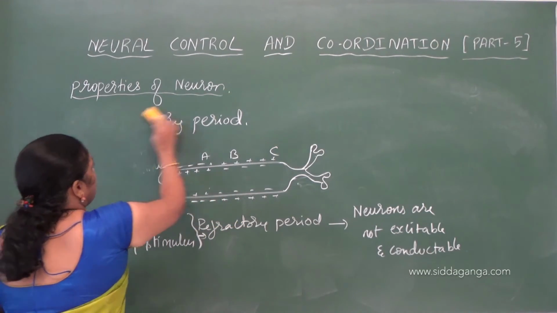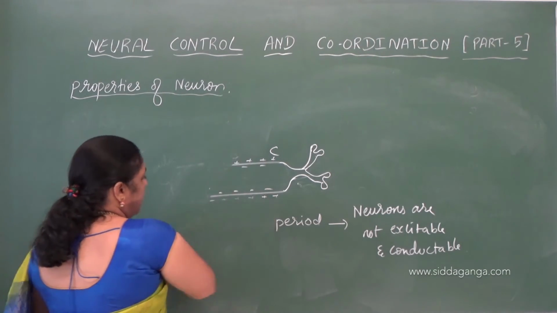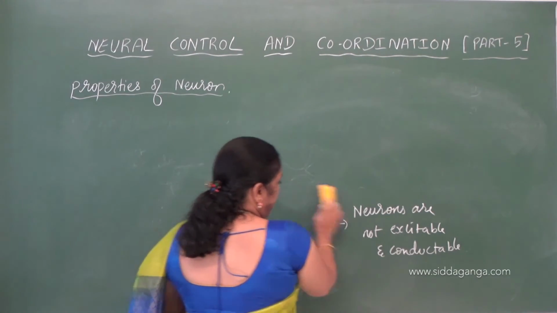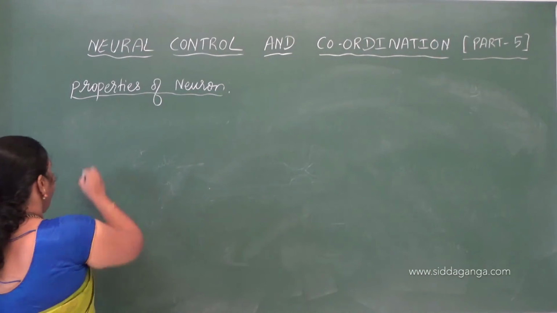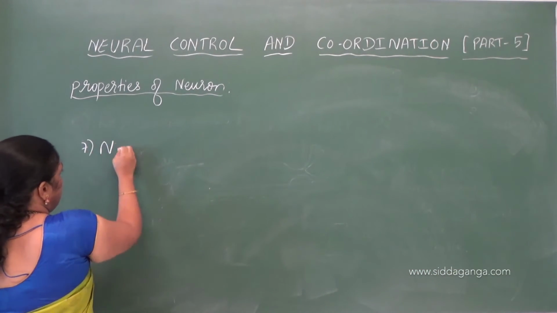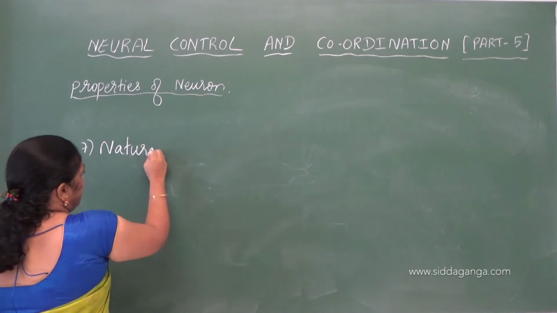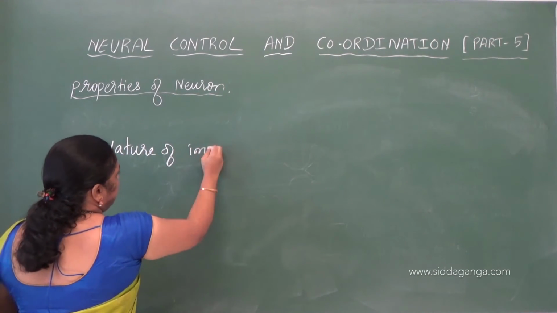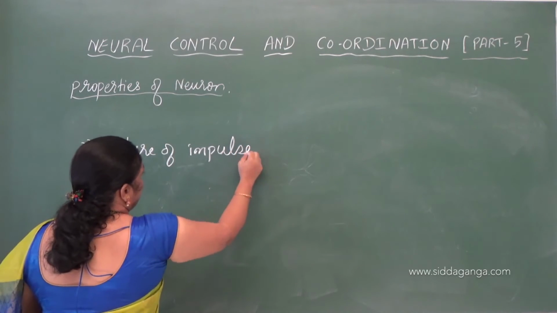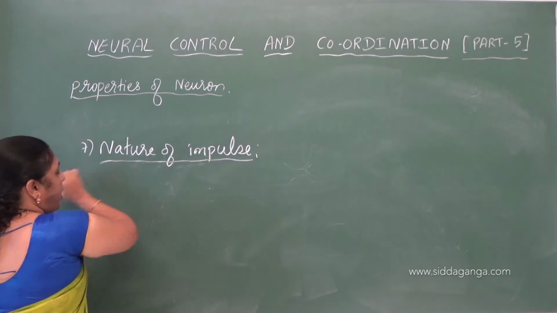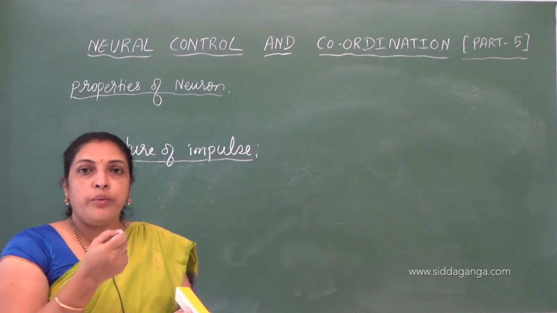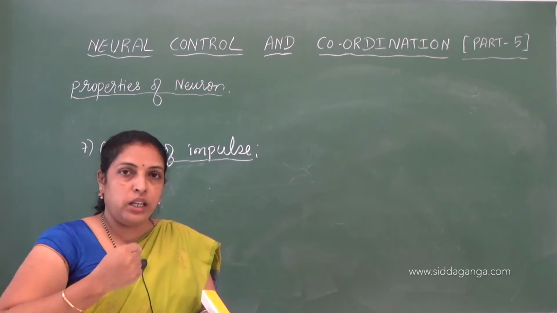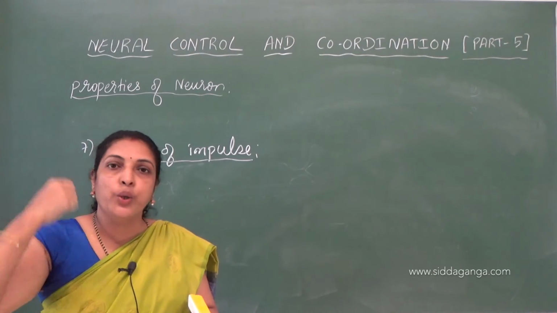And the last property of neuron is nature of impulse. See, when we take food on the tongue, the information has to be carried to the brain.